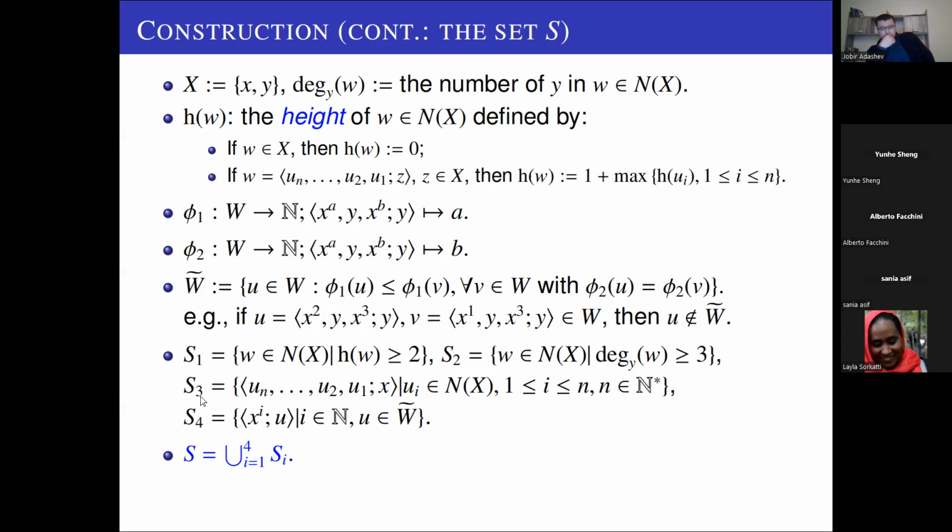And S3 means brackets like this, where in the special place we have X, not Y. And S4 is where, in the special place, we have U from W tilde, and before U we have some X, there's no Y. We put those S_i together and we get S.